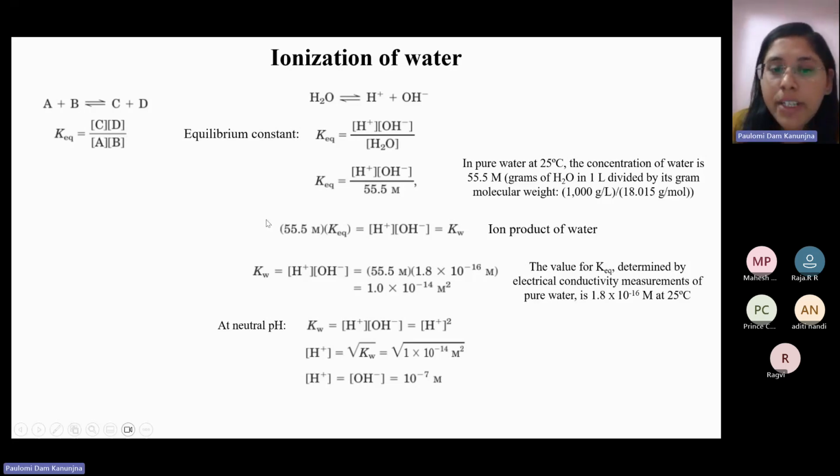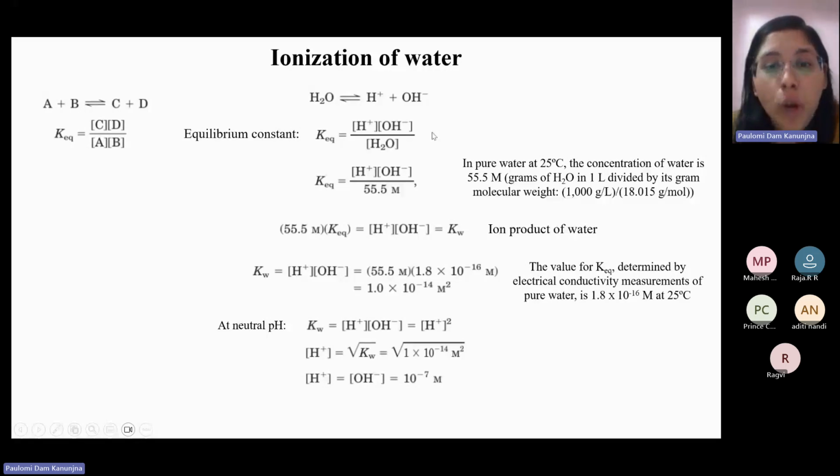What we are trying to determine is how the ionization of water looks at equilibrium. So you have H2O splitting into H plus and OH minus. This formula here, the equilibrium constant, is a known formula where you take the concentration of your products divided by the concentration of reactants.